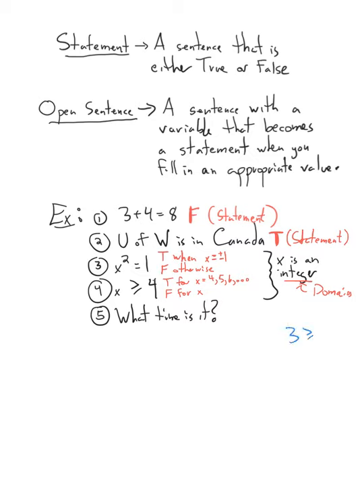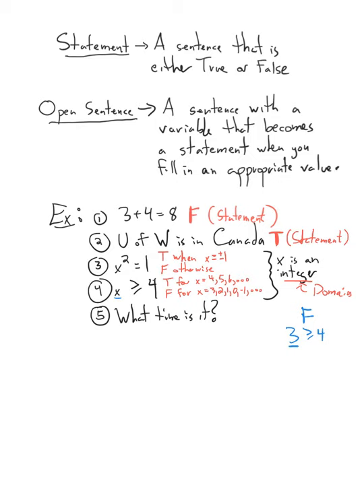This is not true. If we plug in 3 for x, this is a false statement. So it's false when we plug in anything else. So 3, 2, 1, 0, -1, all the way to negative infinity. Remember, your integers are all positive and negative whole numbers along with 0, of course.